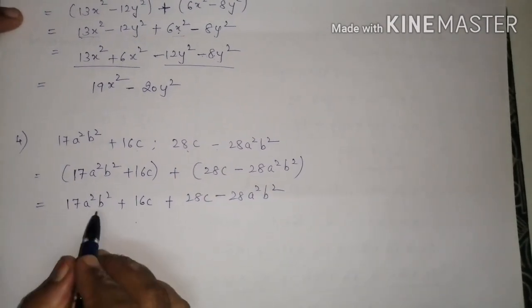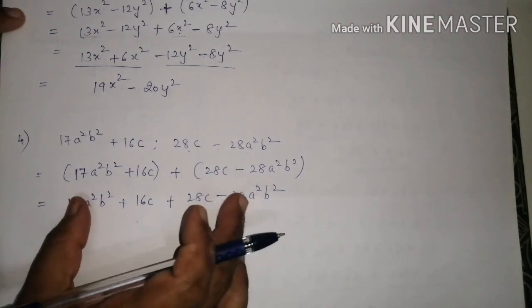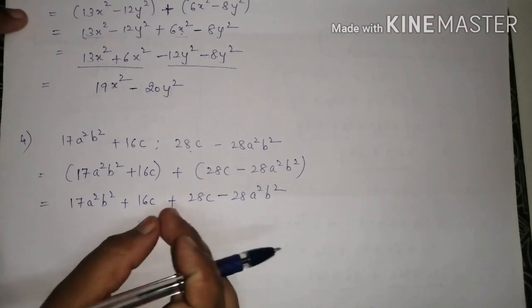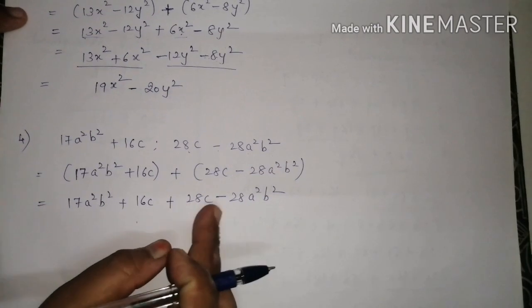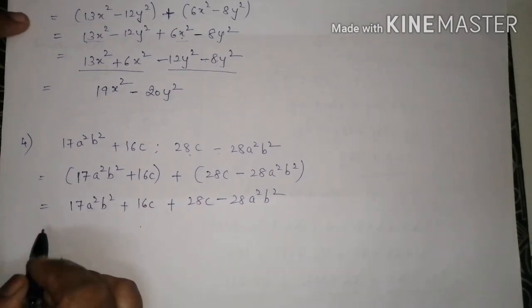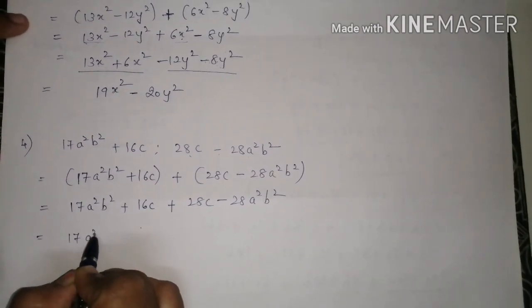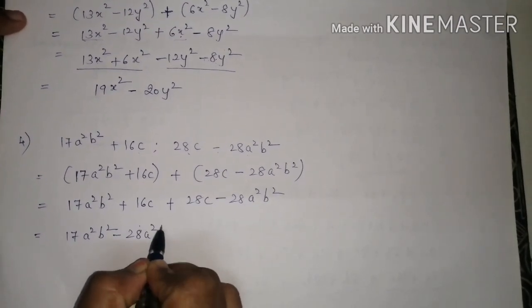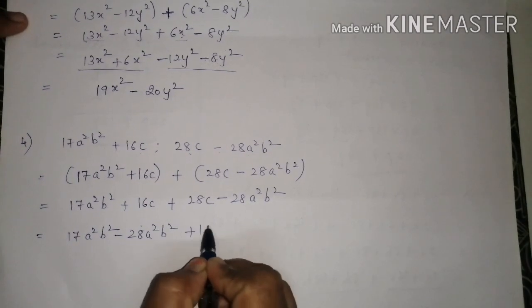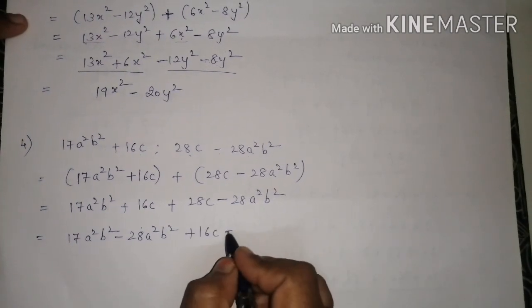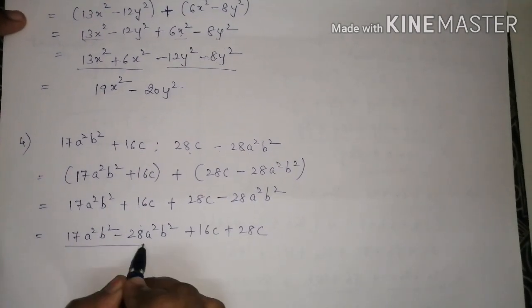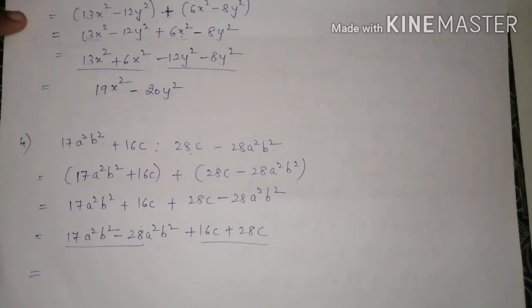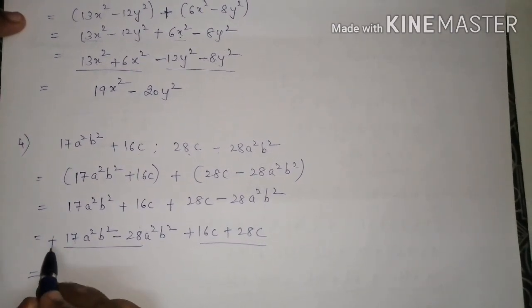Now just collect the like terms: a²b² and a²b² will be taken together, and 16c and 28c will be taken together. So 17a²b² − 28a²b² + 16c + 28c. So these are the two like-term groups we got. Now just add and subtract. Here no sign means it is plus.